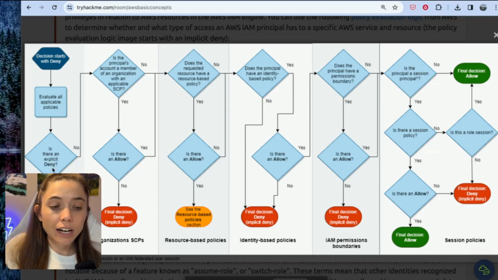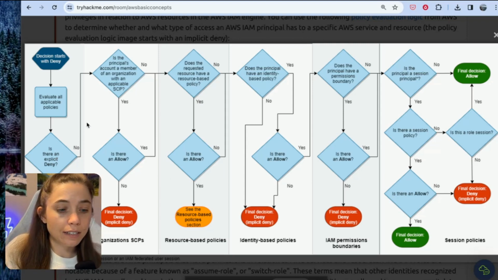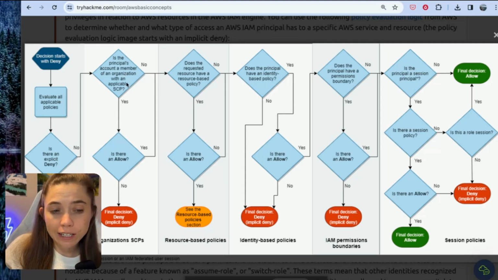First of all, is there an explicit deny? If there is an explicit deny anywhere in any of these different policies downstream, it's an automatic deny. A deny in any policy overrides any other allow that might exist. Then we're going to check if the principal's account is a member of an organization with an applicable SCP, which stands for Service Control Policy. Remember, the principal is the who that's making the request, the entity that's making the request.